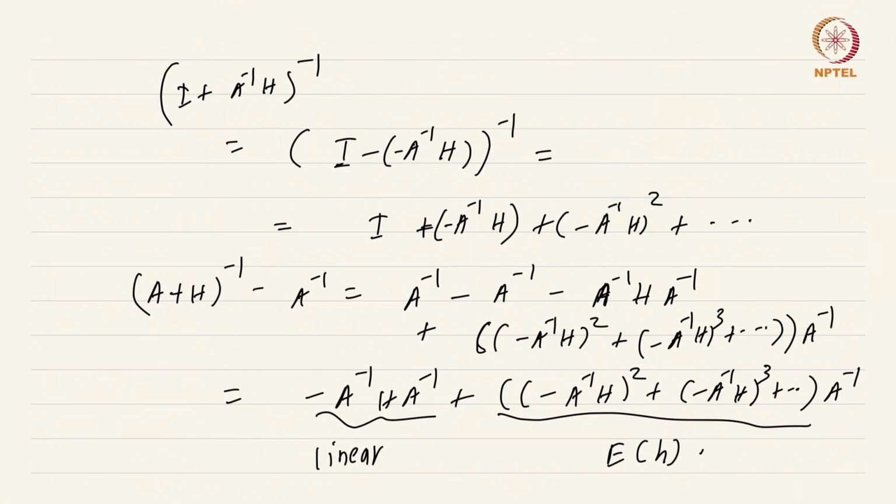Okay, so check that this first map minus A inverse H A inverse is in fact a linear mapping. All we have to now show is this complicated expression, which we have called E of H, is going to be sublinear. And of course we are going to use the operator norm because it's much simpler that way.